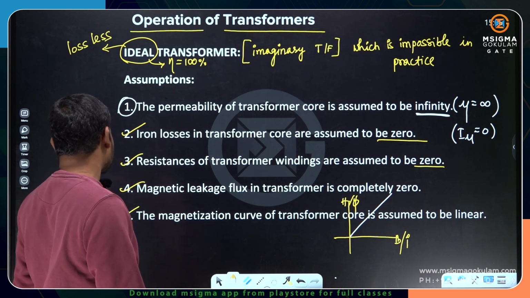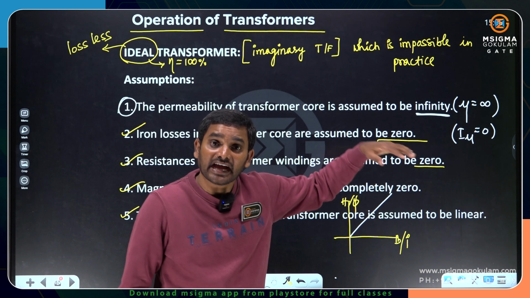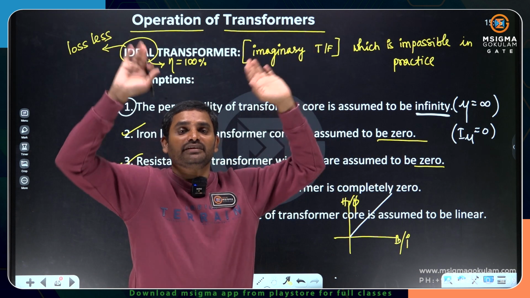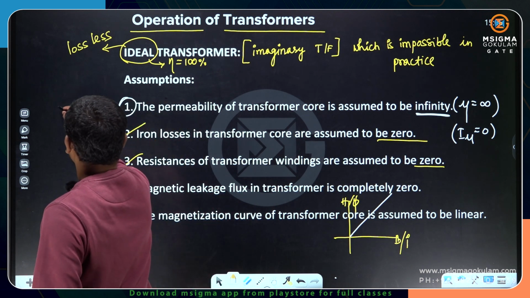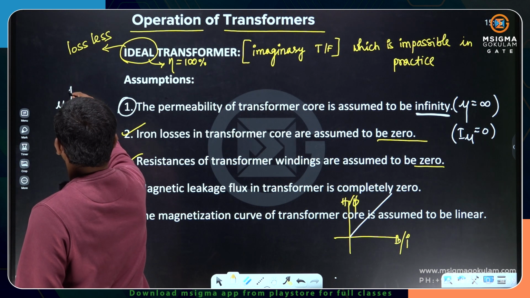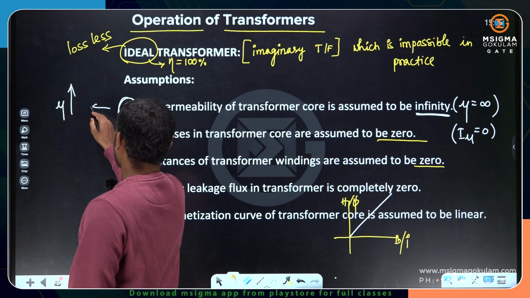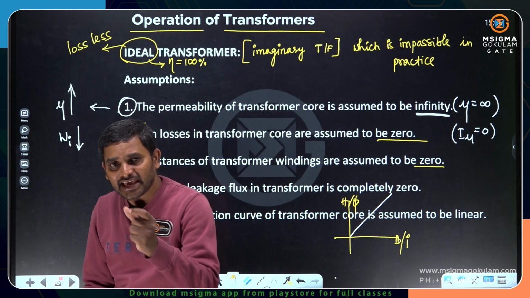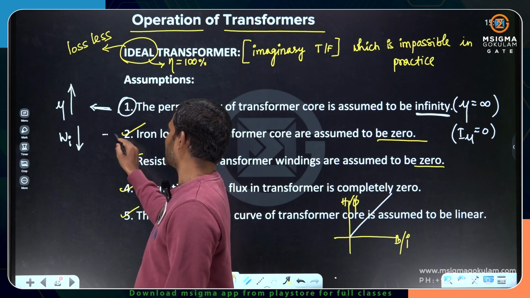So in the practical case, how does it look? Definitely you cannot design the core with infinite permeability, but you can design the core with the highest permeability. Mu should be very high. Now coming to the iron losses, you have to design with minimal iron losses.